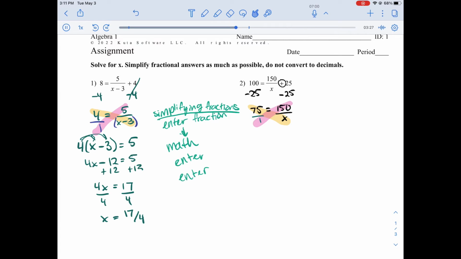And I'll do 75 times x equals 150 times 1, which is just 150. Now, I want to divide both sides by 75. So x equals 2. 150 divided by 75 is 2.